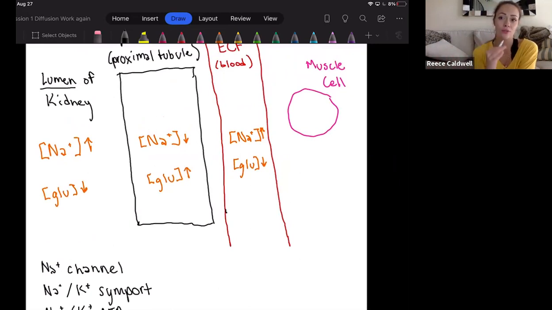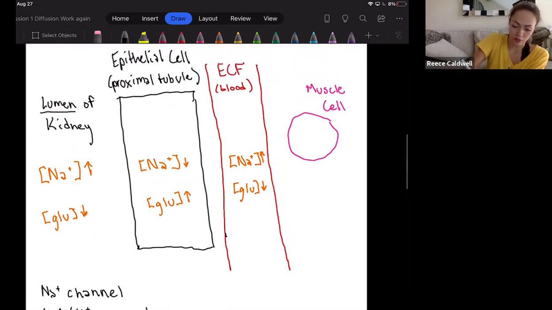So we need to get that glucose from the outside of the body to the inside, to the specific location where it is needed. The first step is moving that glucose from the lumen of the kidney into the inside of that epithelial cell, into that intracellular fluid.